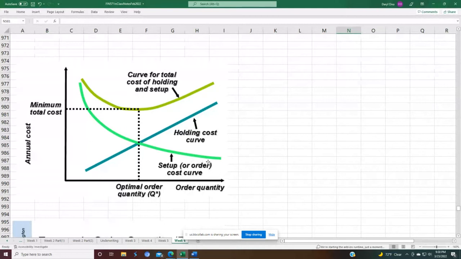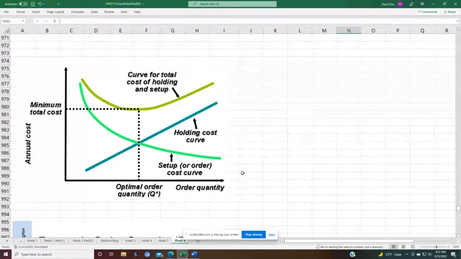Versus out here, let's say that you're only going to make 1 order per year, but that order is a big order. You need 100,000 per year. How many are you going to order? 100,000. You're going to order it all at one time. Your ordering costs are going to be very low because you're only placing 1 order.